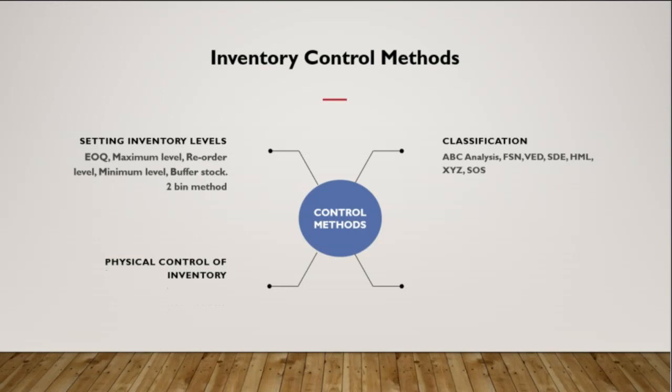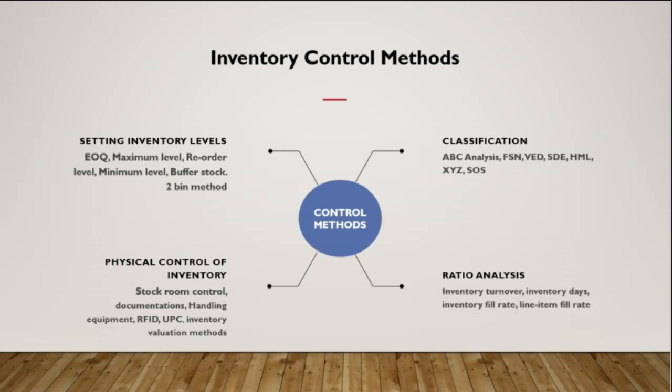Then we'll look at setting physical control of inventory, where we'll apply stockroom control techniques, documentations, handling equipment, RFID, UPC. We'll apply all that under physical control. Then we'll use ratio analysis to measure the performance of inventory in our organization.